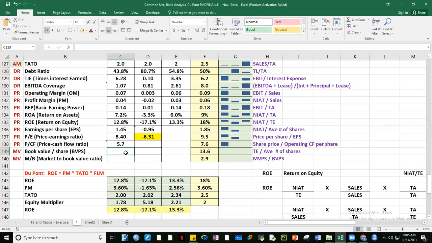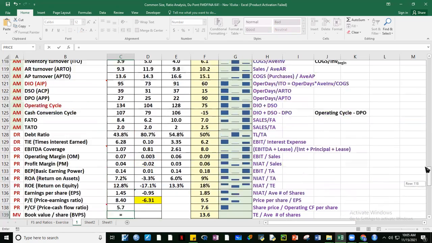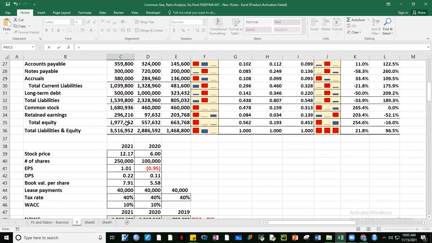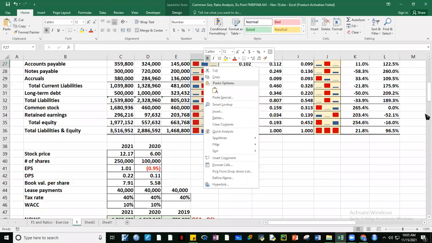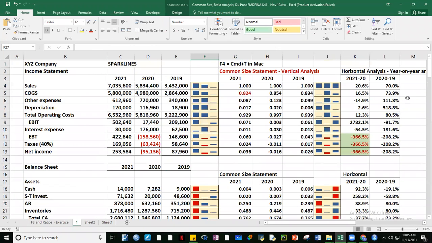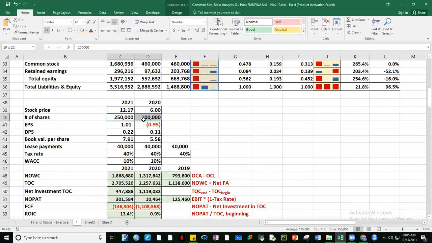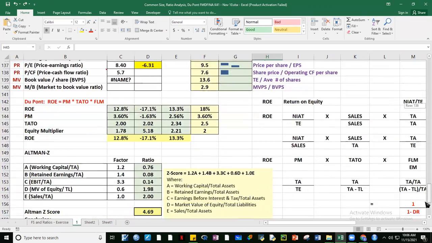Market value per share or book value per share, simply the total equity divided by the average number of shares. So ano yung total equity natin? Our total equity is this one divided by the average shares natin. Wala yung formula natin.